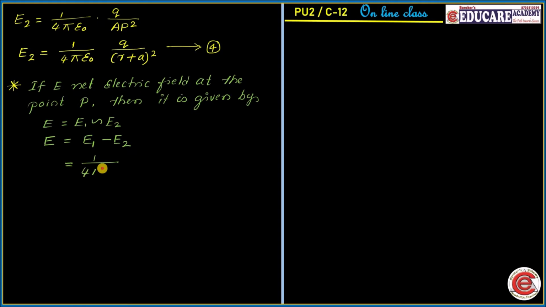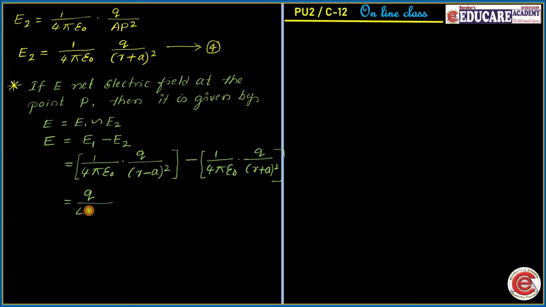It is 1 divided by 4 pi epsilon naught into Q divided by (R minus A) whole square, minus 1 divided by 4 pi epsilon naught into Q divided by (R plus A) whole square, which is taken from equation 4. Now here in both these terms, Q divided by 4 pi epsilon naught is common.